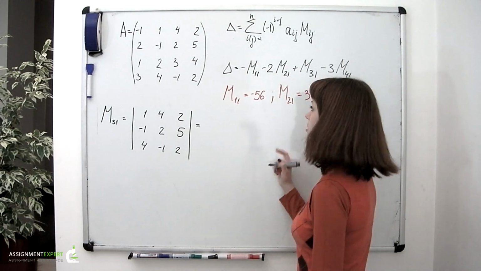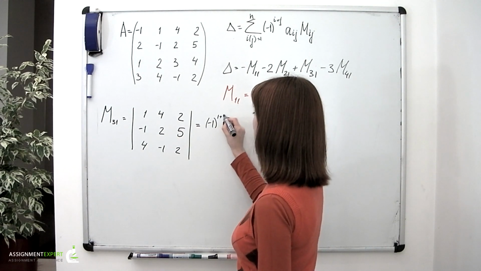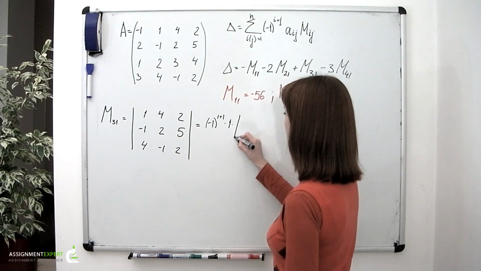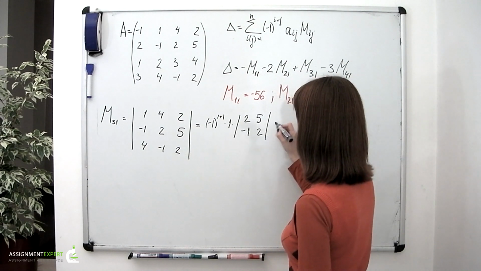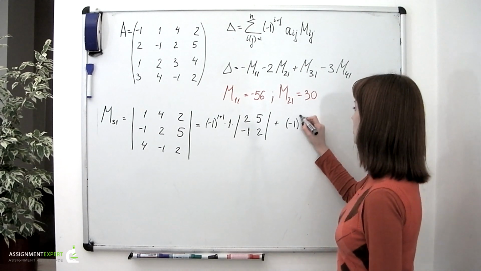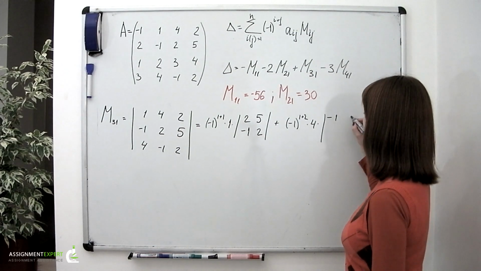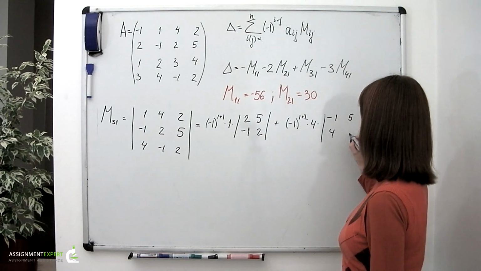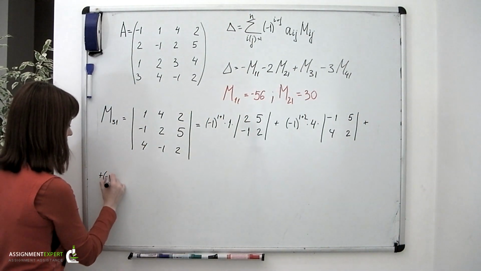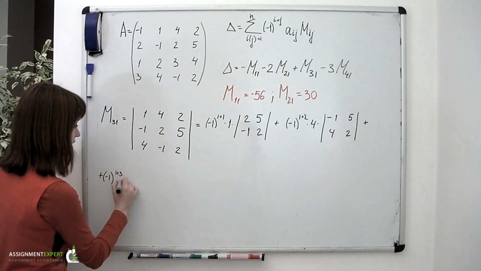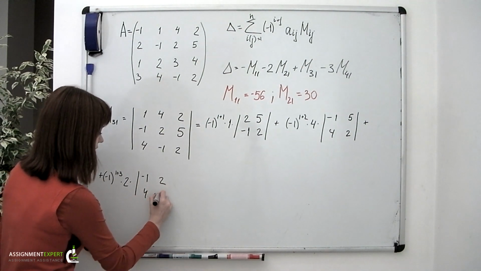And using the same method as previously, we obtain negative 1 to the power of 1 plus 1 times 1 and times determinant of 2, 5, negative 1 and 2, plus negative 1 to the power of 1 plus 2 times 4 times determinant of negative 1, 5, 4 and 2, plus negative 1 to the power of 1 plus 3 times 2 and times determinant of negative 1, 2, 4, negative 1.